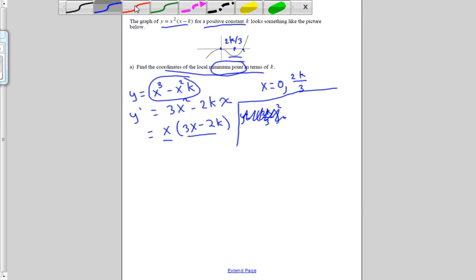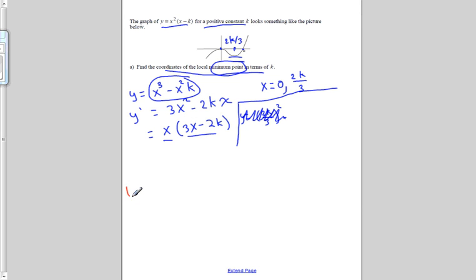So our value y will equal x cubed, but x is 2k over 3 cubed minus 2k over 3 squared times k. Now let's do a little simplifying.